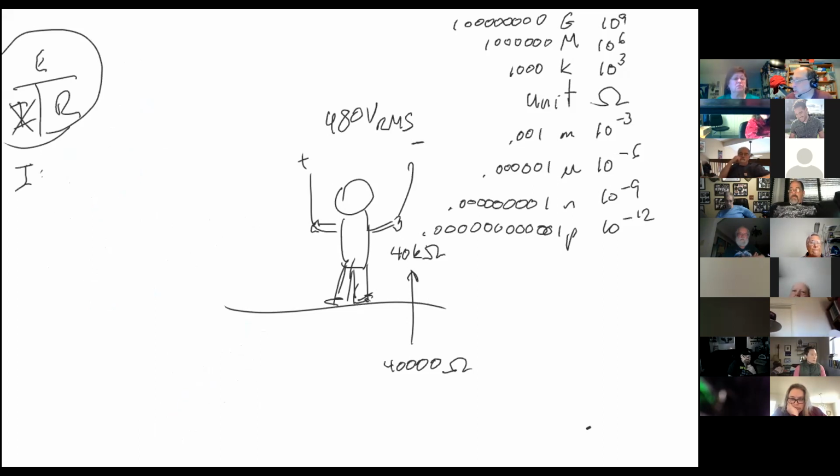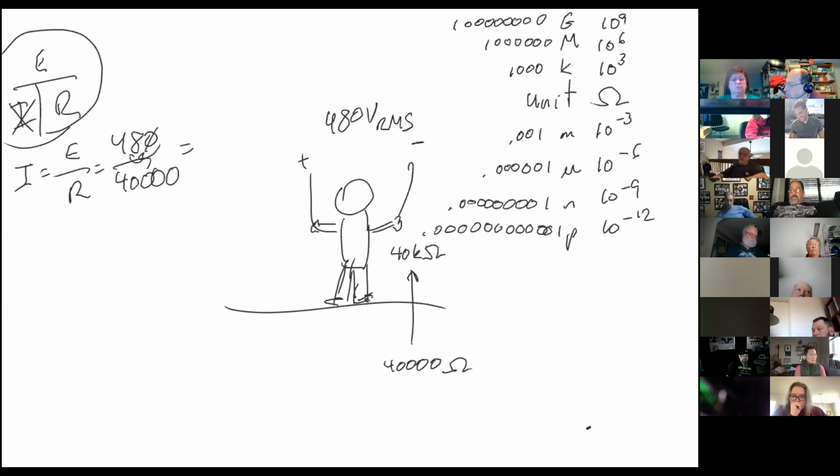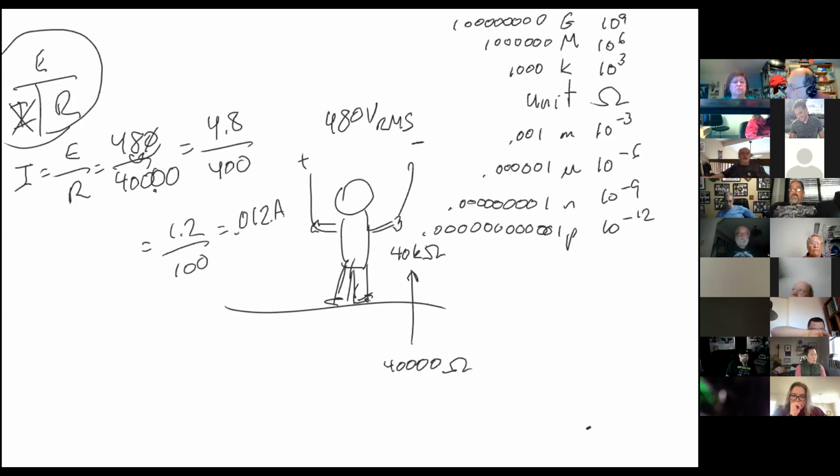I is equal to E divided by R is now equal to 480 divided by 40,000 is equal to, let's see, 4.8 over 400 is equal to 1.2 over 100 is equal to 0.012 amps, or 12 milliamps.